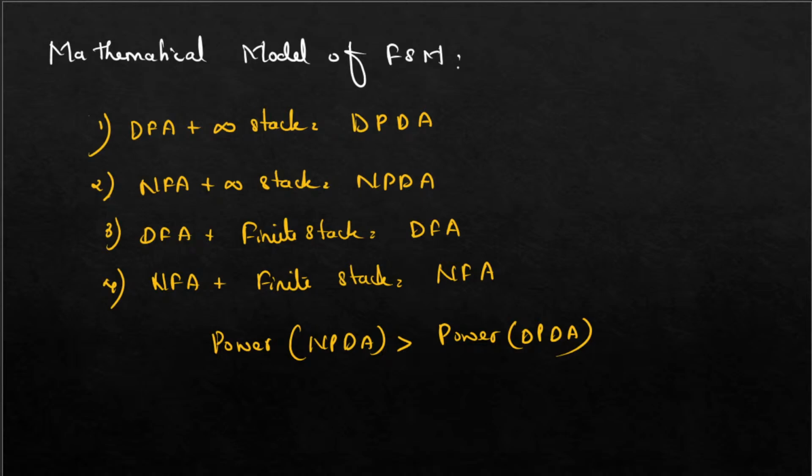I hope there is no doubt in this. No doubts, everyone? Okay, now let's see about Mealy and Moore machines. In the Moore machine, the output is associated with the state, which is like this.